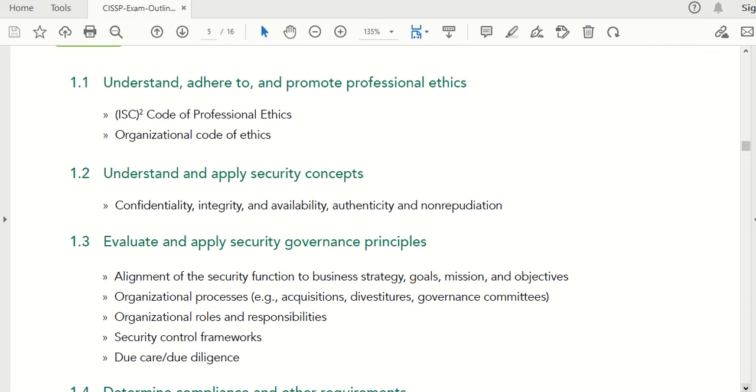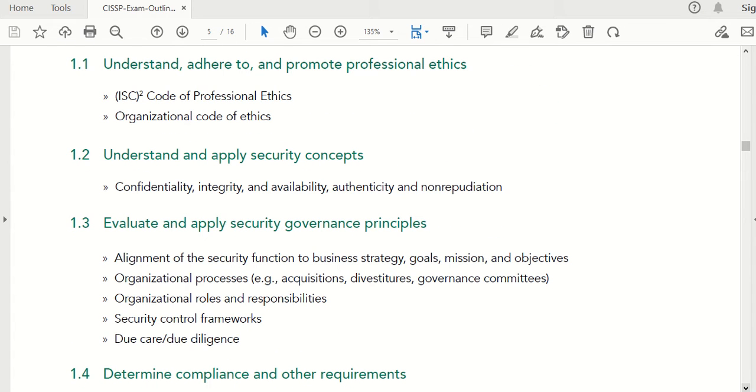Then we will evaluate and apply security governance principles. These are alignment of the security functions to the business strategy, goals, mission, and objectives; organizational processes like acquisition, divestitures, governance committees; organizational roles and responsibilities; security control frameworks; due care and due diligence.